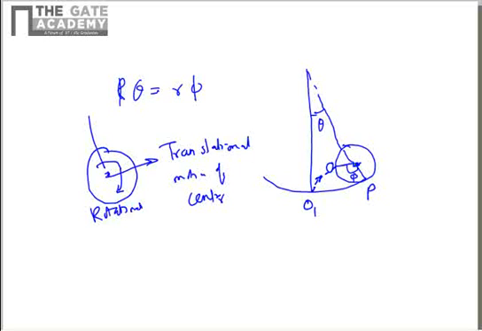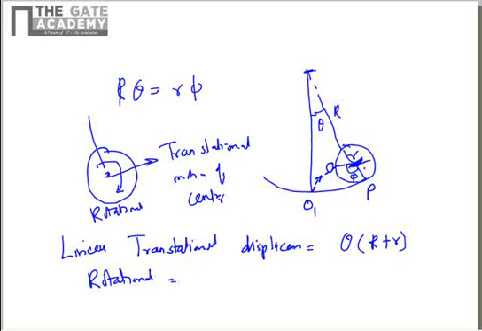The translational displacement of the center will be given by theta multiplied by the distance from the center of the cylinder to the center of the cylindrical surface, that is R minus r, plus the rotational displacement. This rolling cylinder has done an angular displacement of xi. Also, it has done an angular displacement of theta in this direction.